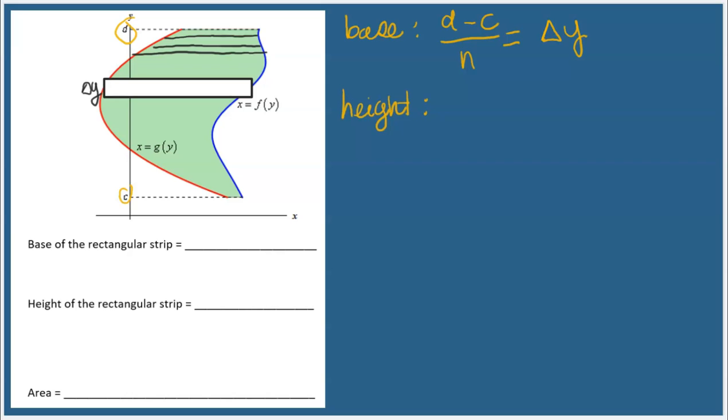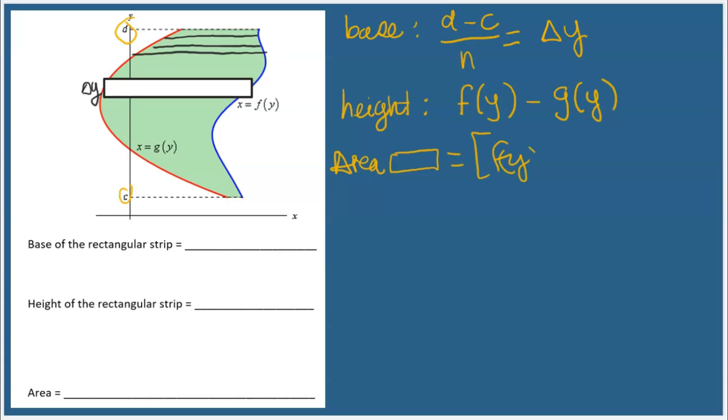That would be f of y minus g of y, right? So then the area of one rectangle is f of y minus g of y multiplied by the base, and that is delta y, right?